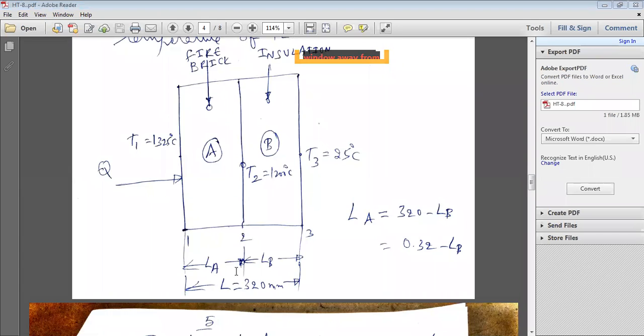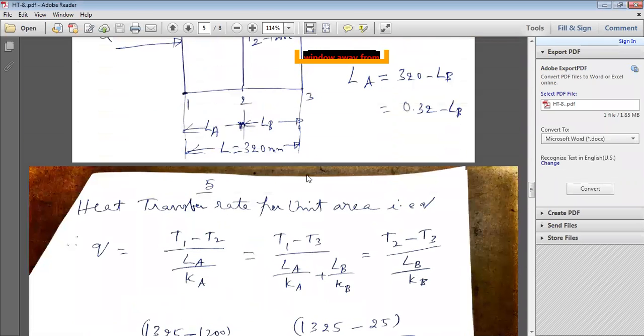LA is equal to L minus LB, or LB is equal to L minus LA. 320 mm is 0.32 meters. So LA is equal to 0.32 minus LB, otherwise LB is equal to 0.32 minus LA. You can use any one relation to find LA and LB.